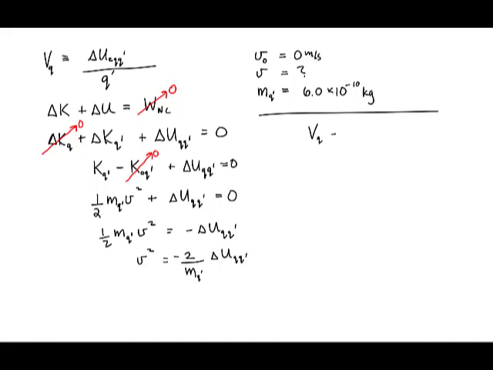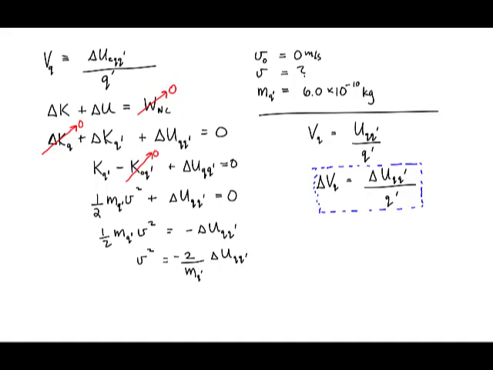Since electric potential is defined as electric potential energy per unit charge, the change in electric potential is equal to the change in electric potential energy per unit charge. So this is a useful result, that changes in electric potential energy lead to changes in electric potential.